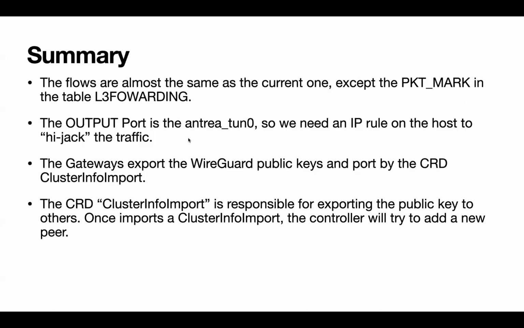The second summary, the output port is Antrea tunnel 0, so we need an IP rule on the host to hijack the traffic, the IP rule and the static route. The third one, the gateways export the WireGuard public keys and port by the CRD cluster info importer. We just need to add a new field in the CRD definition.